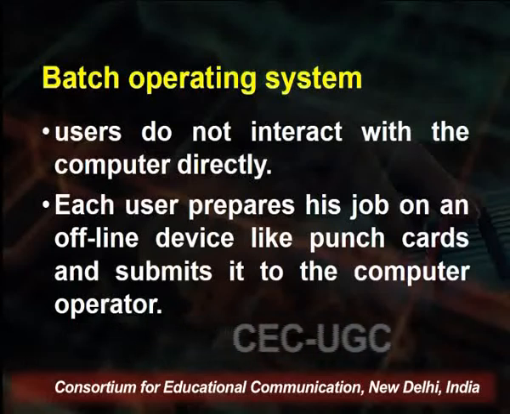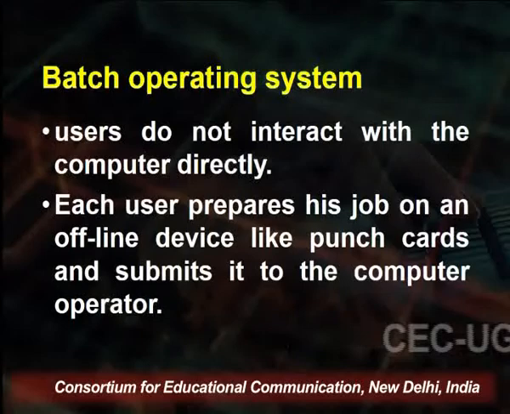The computer operator deals with the computer system directly by preparing a batch of similar kinds of jobs. The only agenda here is to speed up the processing. Jobs with similar needs are batched together and run as a group.